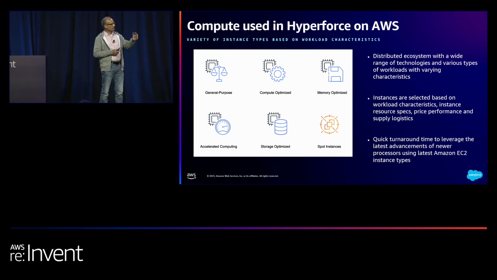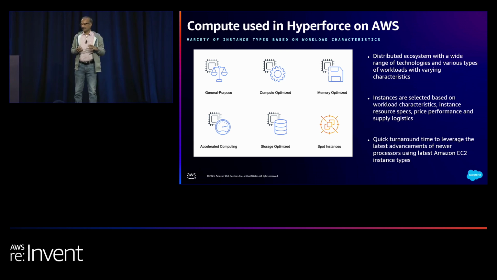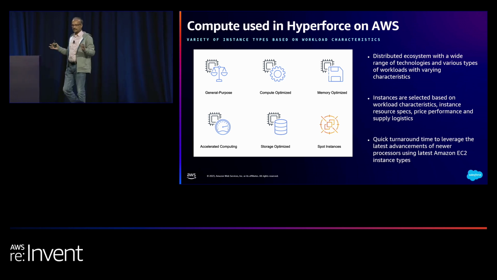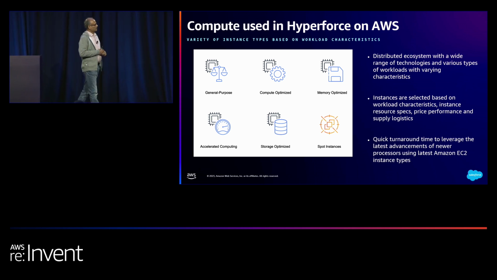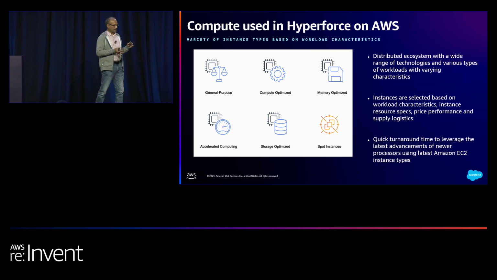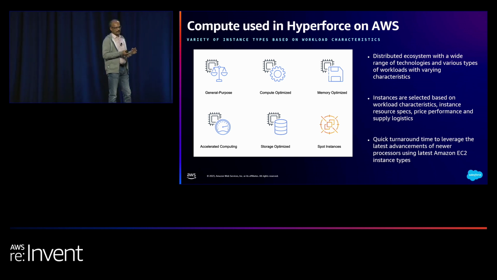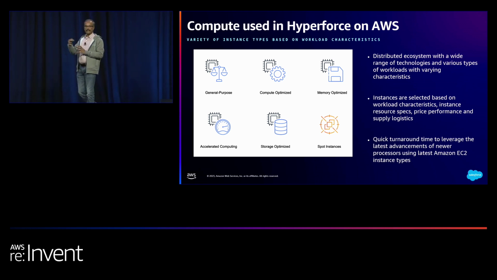Once we understand all of this, we shortlist a few instances that we would like to experiment with, and that is when it comes to my lab. We run a series of workloads that are specific to Salesforce, some of which I'll explain in the next slide. Based on the benchmark results, we work again with AWS and Intel or AMD, depending on which instance type we are picking, to understand the supply logistics.